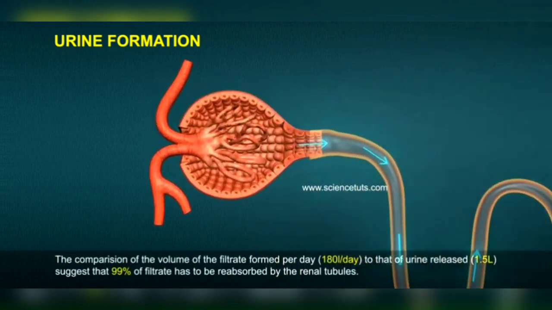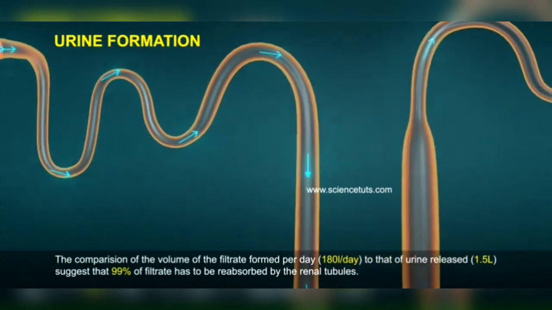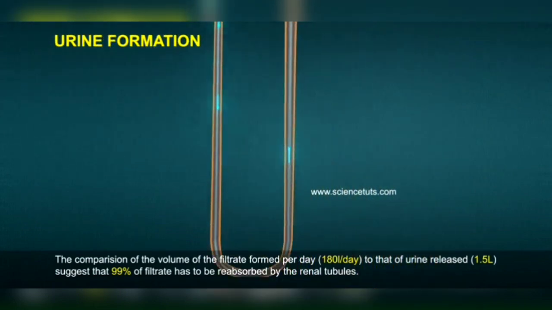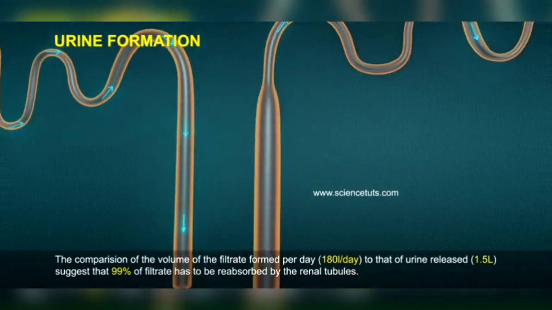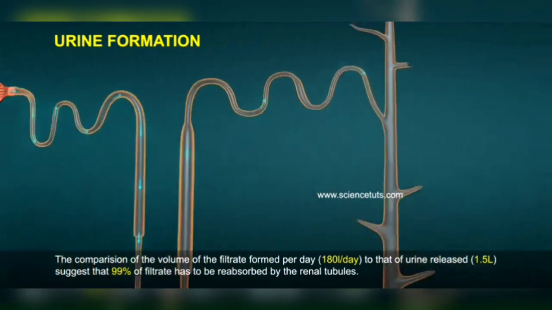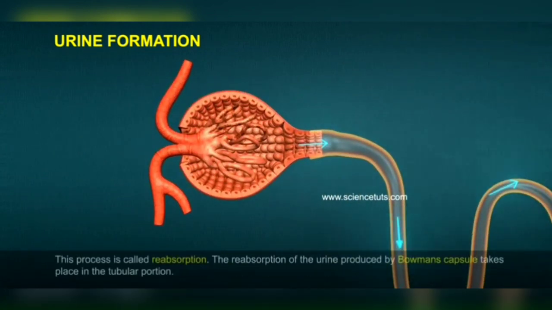The comparison of the volume of the filtrate formed per day, 180 liters per day, to that of urine released, 1.5 liters, suggests that 99% of filtrate has to be reabsorbed by the renal tubules.